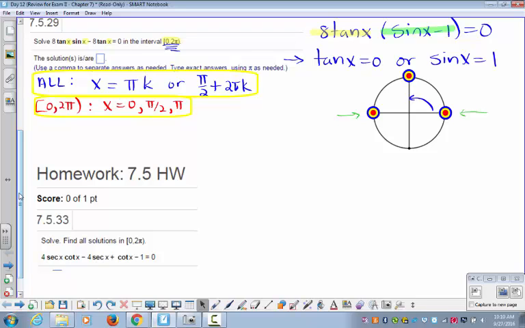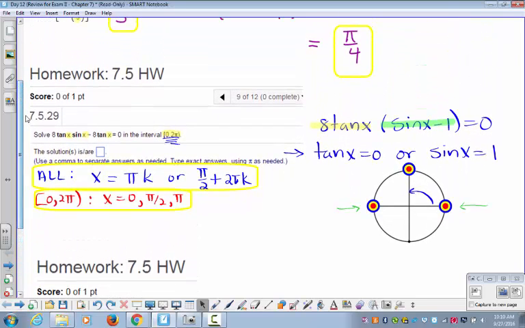Yeah? If we had pi over 2, does that make tangent undefined? Oh, awesome question. Really good question. Okay, so I was looking at these little equations right here, and I wasn't looking at the big picture.